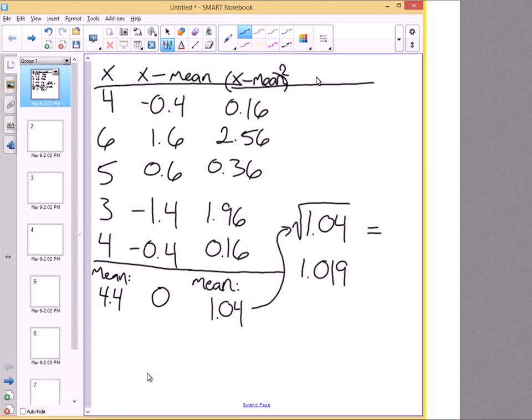So one thing the study guide said was you won't necessarily be doing a calculation. You could be. I don't know for sure, but they said they want you to understand it more conceptually. So what is the difference between a standard deviation of, say, 1.019 and if you had a standard deviation of, say, 22? What's the difference with your data set?